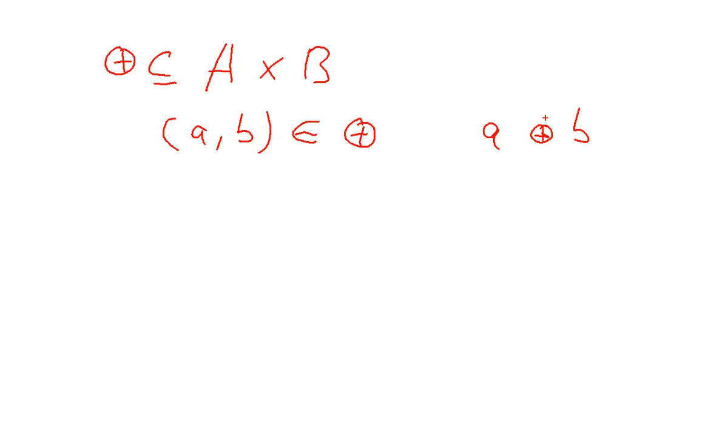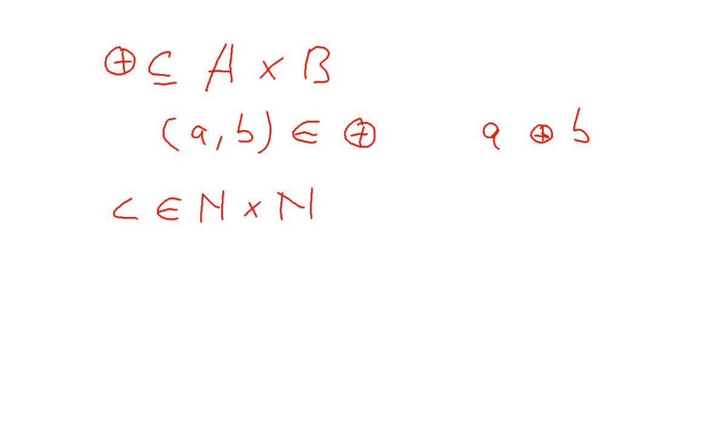If we take smaller than, I just said strictly smaller, but I drew smaller than or equal. Let's take it on natural numbers, to make things easy. So it would be a subset of N times N, right? And what are we going to have inside?